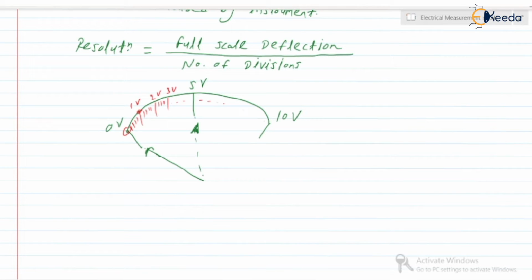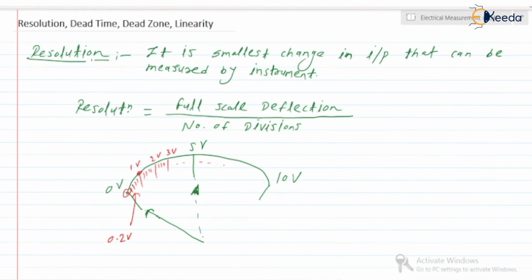So one subdivision indicates 0.2 volt, the next one will be 0.4 volt, etc. What is the smallest change? From 0 it is directly 0.2, from 0.2 it is directly 0.4. So the resolution is nothing but the smallest change, which is 0.2 volt in this case. Whereas if the subdivisions are absent, the resolution will be equal to 5 volt. Simple, this is the resolution.